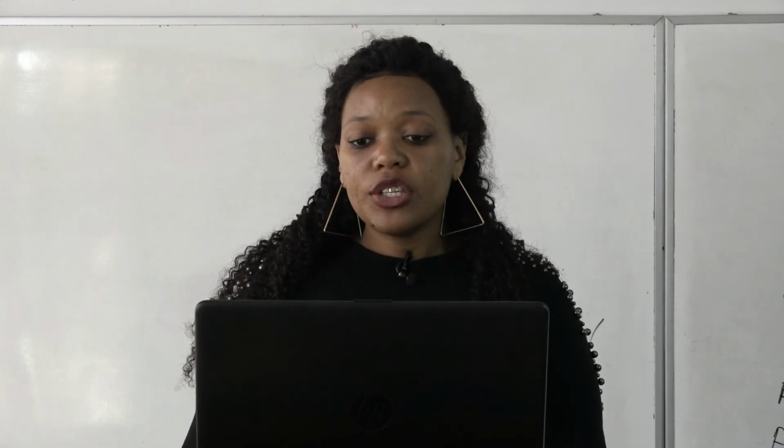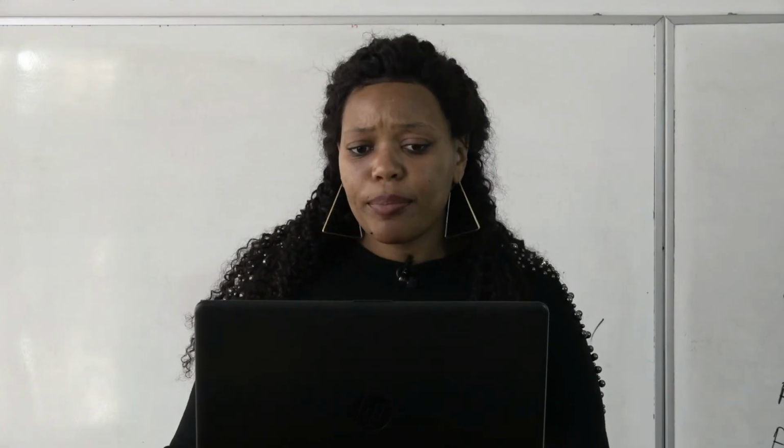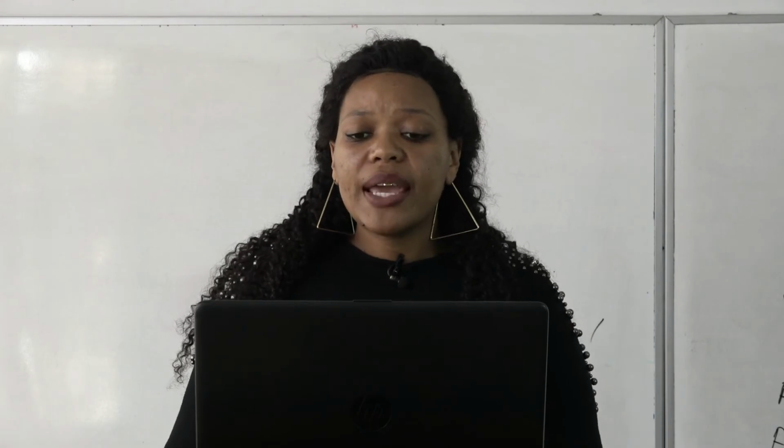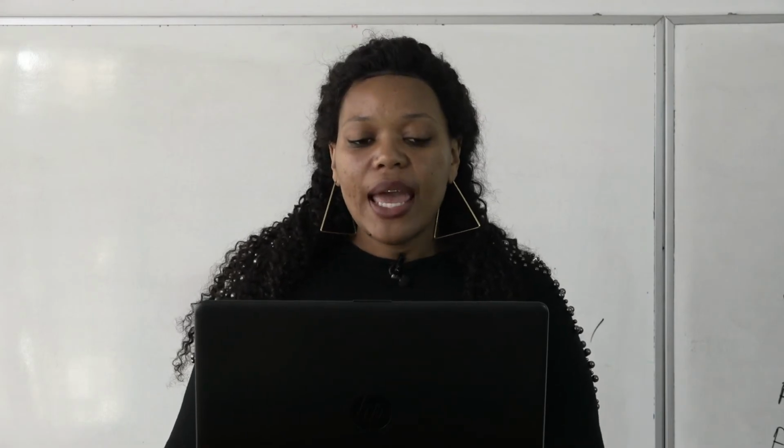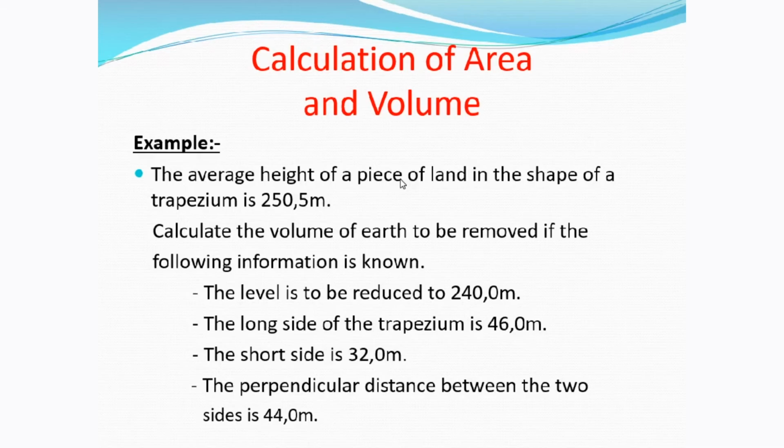Let us go to this example where we'll be required to calculate the area as well as the volume. This is an example of the exam questions. The average height of a piece of land in the shape of a trapezium is 250,5 meters. Calculate the volume of earth to be removed if the following information is known.